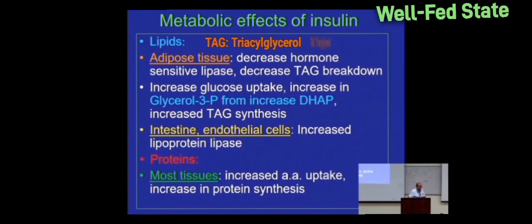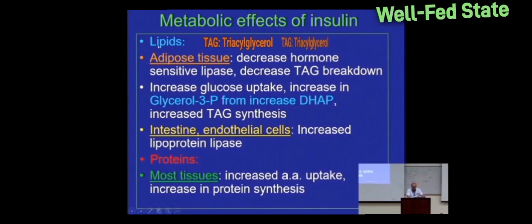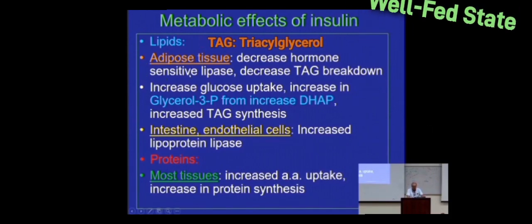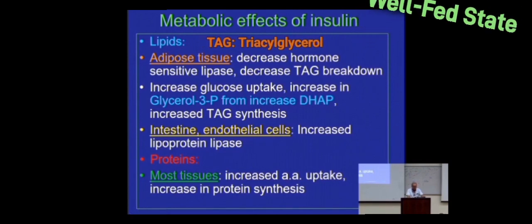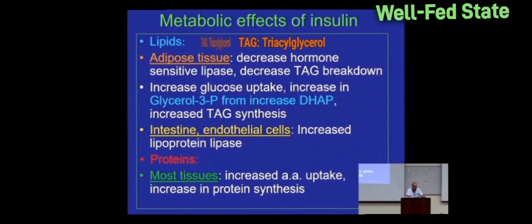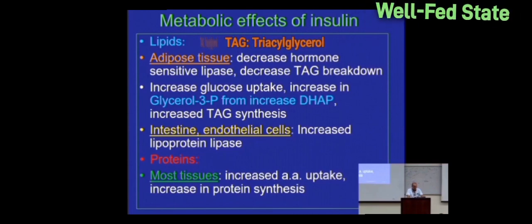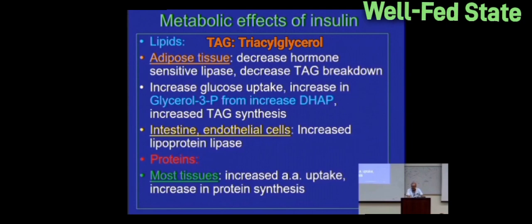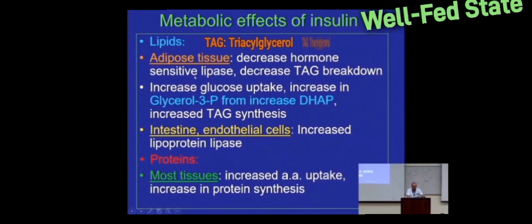The effect of insulin on lipid metabolism. Let's start with adipose tissue. You remember, adipose tissue is where we store a lot of TAGs. The adipocyte is roughly 80% TAGs. Okay?